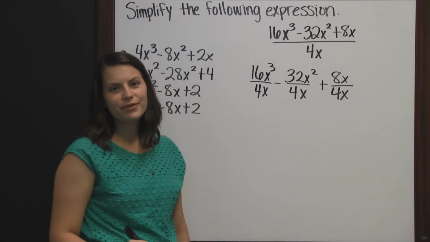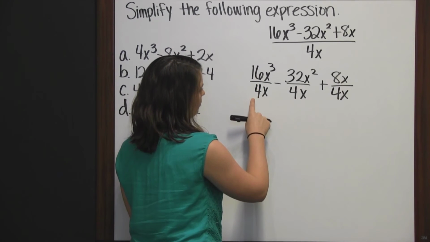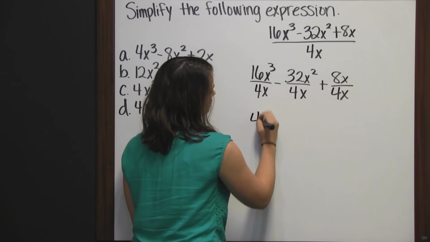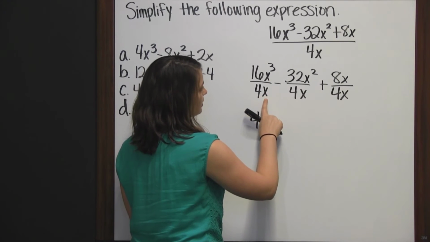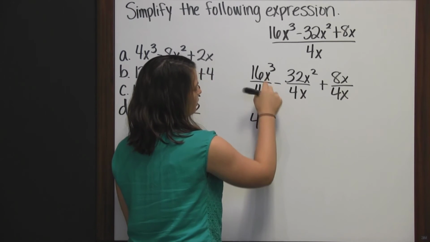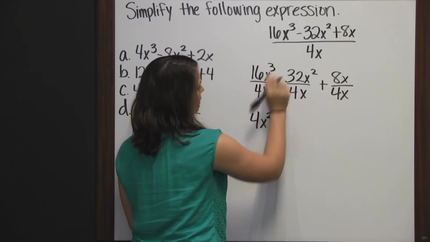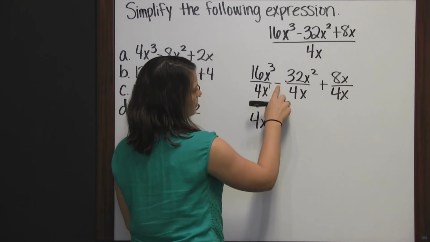And now we can simplify. 16 divided by 4 is 4. x cubed divided by x is x squared, because when you divide, you subtract the exponents. 3 minus 1 is 2.